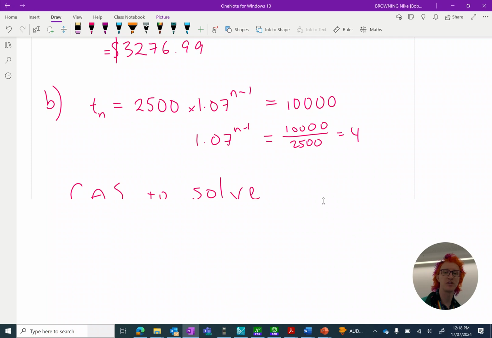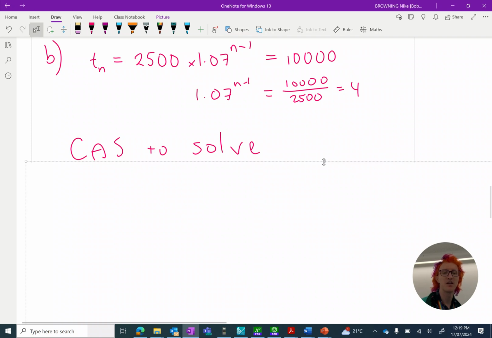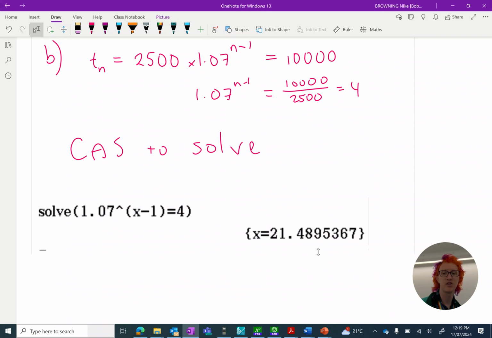It's at this point you actually need to use your calculator, because again, it's one of those weird numbers where you're not going to know what 1.07 to the power of n minus 1 is in terms of 4. So I'll just chuck it in. Solve 1.07 to the power x minus 1 equals 4. And we get x equals 21.489, etc.